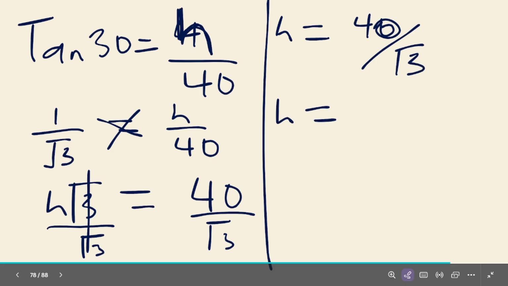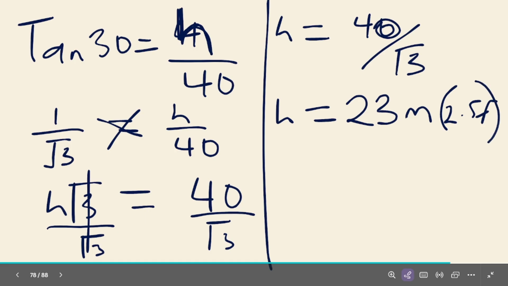When you use your calculator to do that, to two significant figures, you'll have 23 meters. So this is going to be the height of the tower.